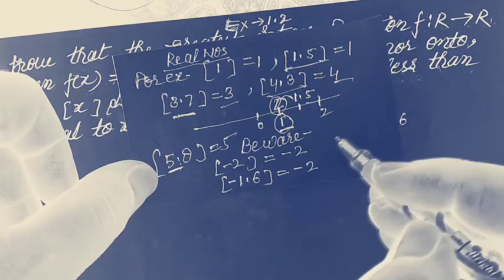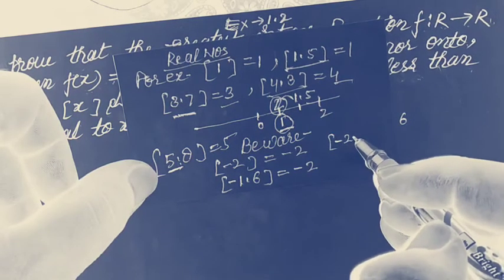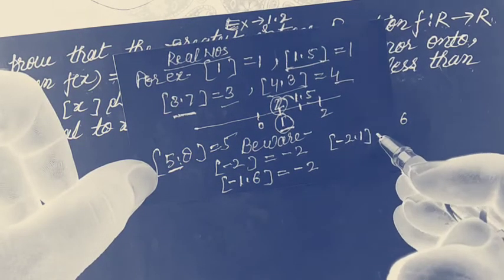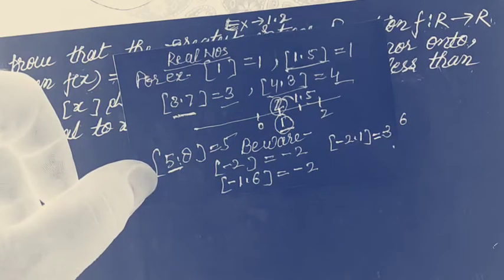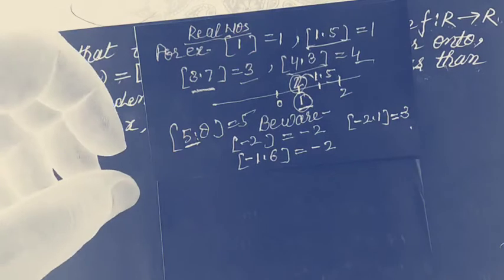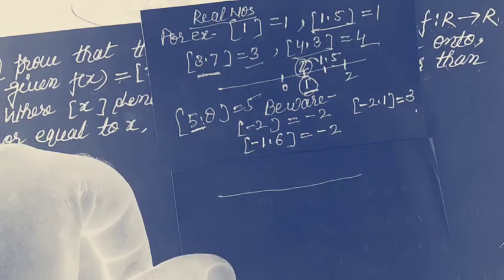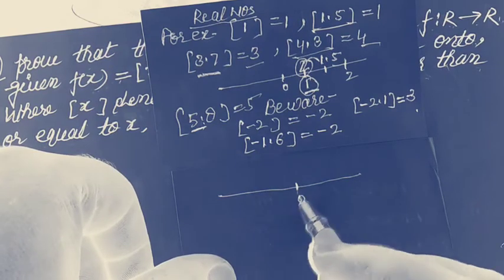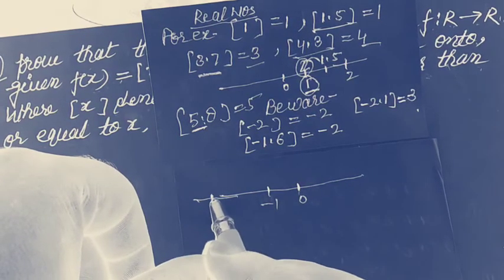If we put here -2.1, we will get -3, isn't it? Let's show negative integers on the number line. Here we have 0, -1, -2.